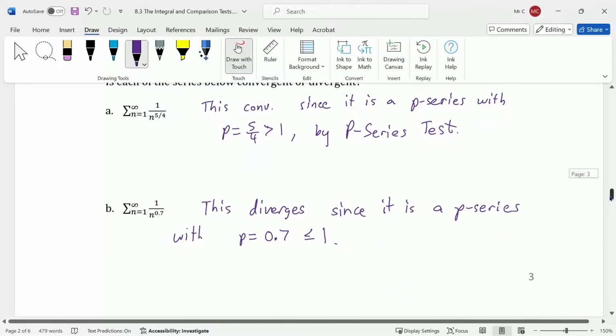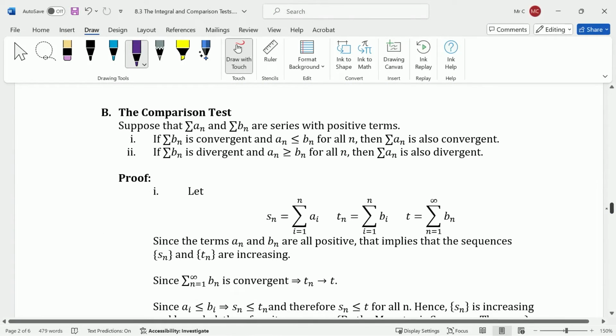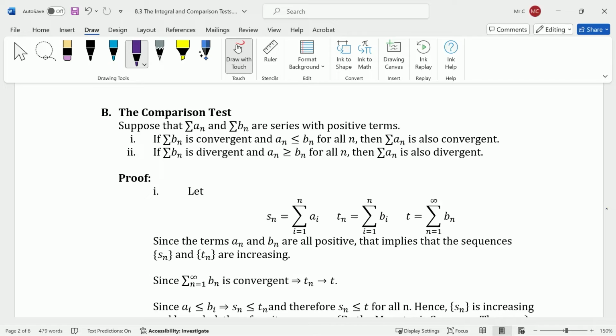All right, now let's go ahead and take a look at another very important theorem, the comparison test. So the comparison test states, suppose that the series of a sub n and the series of b sub n are series with positive terms. What we mean by that is every a sub n and b sub n term is positive.